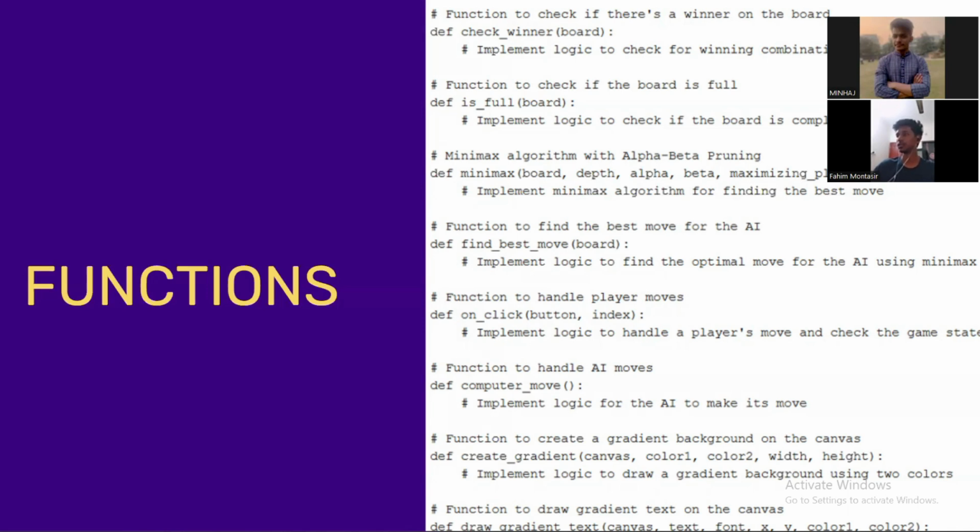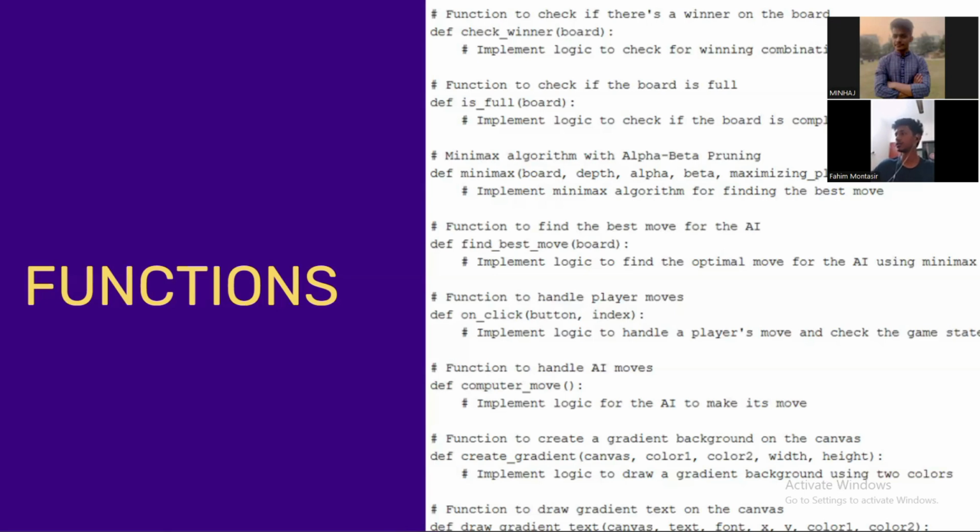Third one implements the Minimax algorithm with alpha beta pruning to find the best move for the AI. And then we find the best move, which initializes the Minimax algorithm to find the optimal move for the AI.